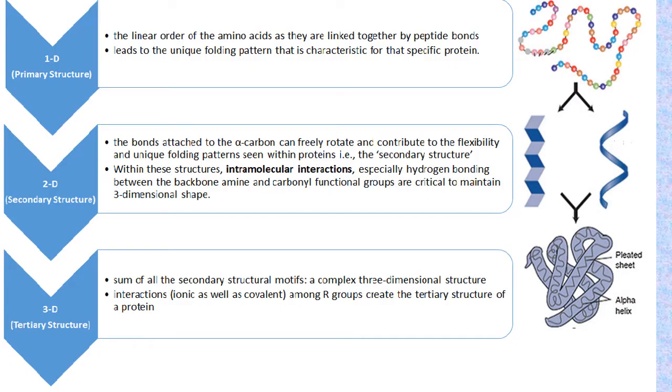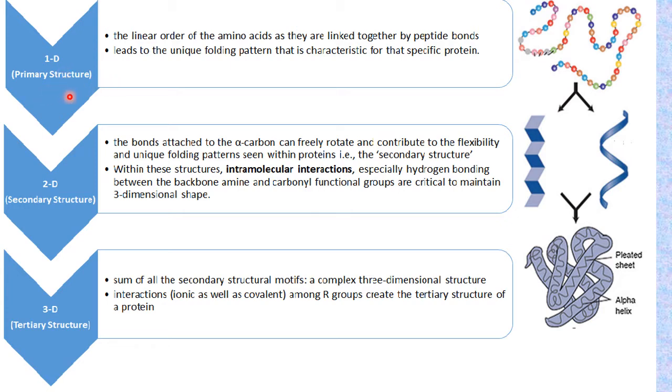So if we talk of the various levels of organization of a protein molecule, there's the simple polypeptide sequence that forms the primary structure or the 1D structure. It is basically the linear order of the amino acids which are linked to each other by peptide bonds.